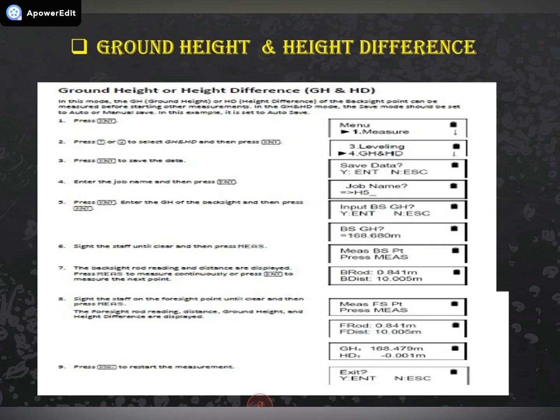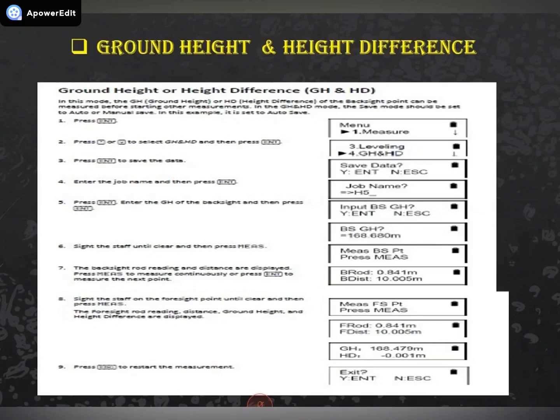After that, we have to put in the job name. Then we have to put in the backside ground height. Backside ground height means backside RL. We will place the staff at the backside point, then take the measurement of the backside point. After measurement, it will give two things: backside rod height and backside distance.